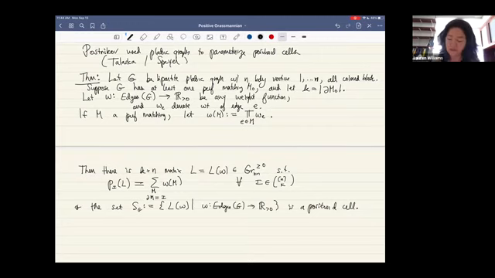Okay, so just to summarize, if we have a graph with at least one perfect matching, then we can arbitrarily put a weight function, a positive real function, on its edges.